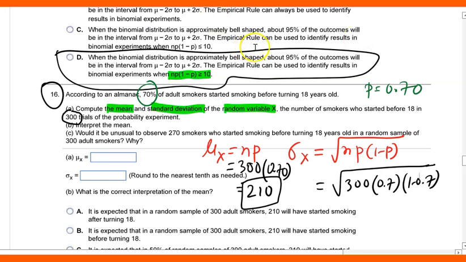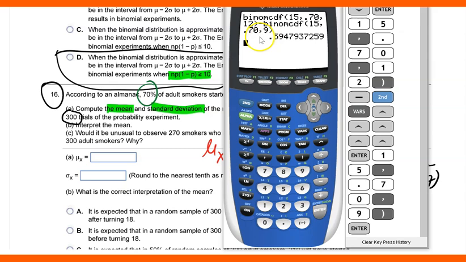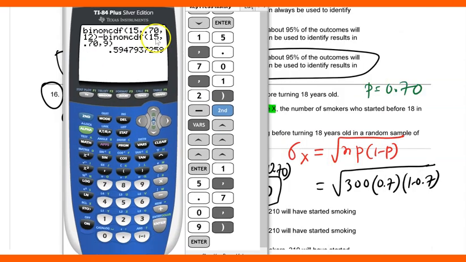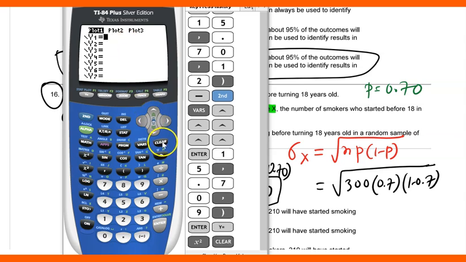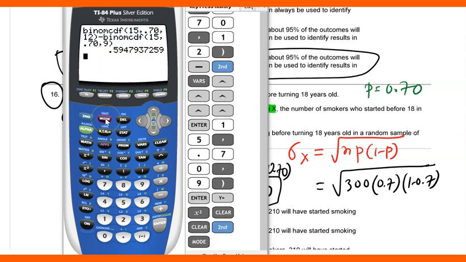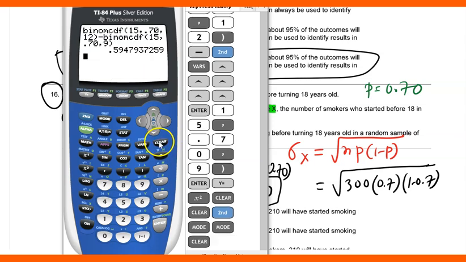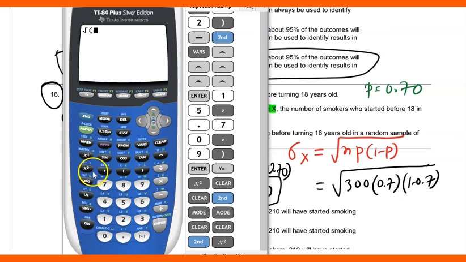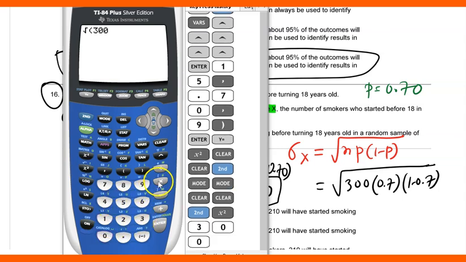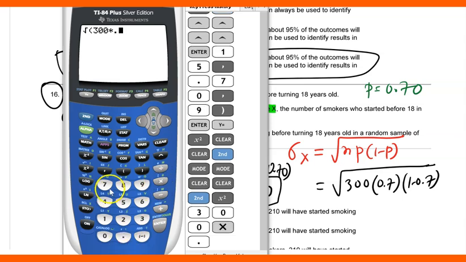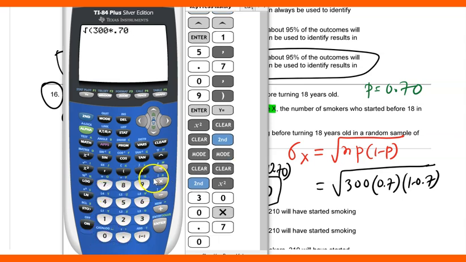You type everything in the calculator. Let me show you how to do it. Second, square root of 300 times 0.70 times 1 minus 0.7, which is the same as 0.3.